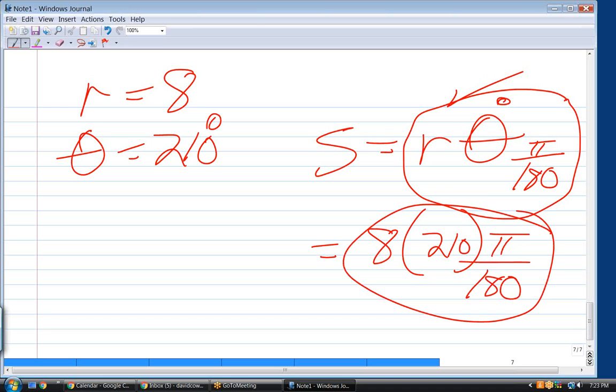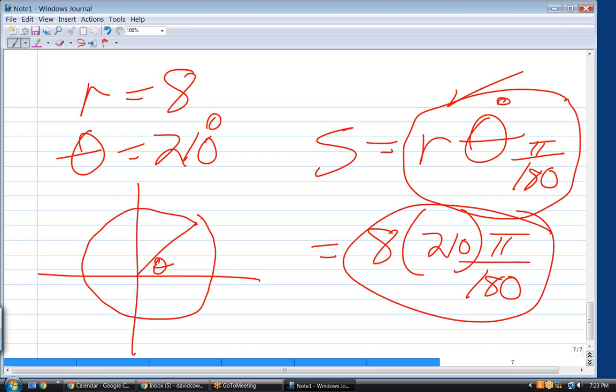Let me give you a little bit of a clue as to another way of thinking about this. They're talking about the length of that arc right there, right?